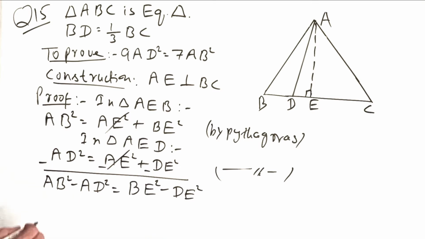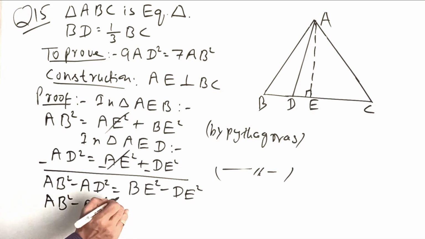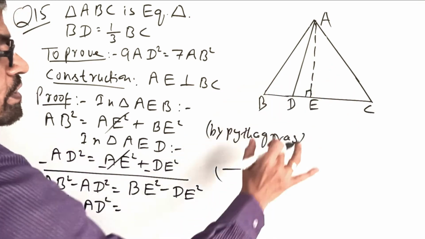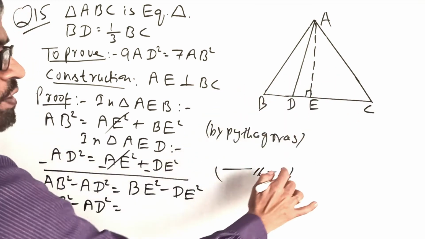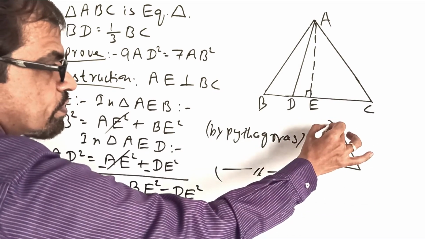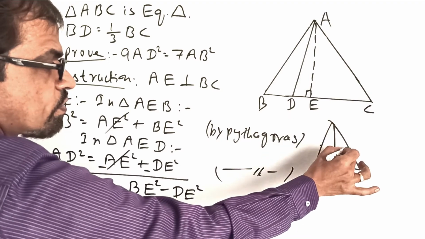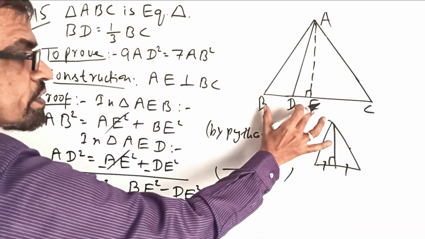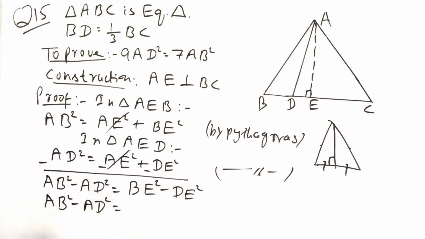Now listen student, this is as it is, AB square minus AD square. BE, listen, BE will be half of BC. Why? Because in an equilateral triangle, as I explained in the previous question also, in isosceles or equilateral, the perpendicular bisects the opposite side, BE equal to EC.